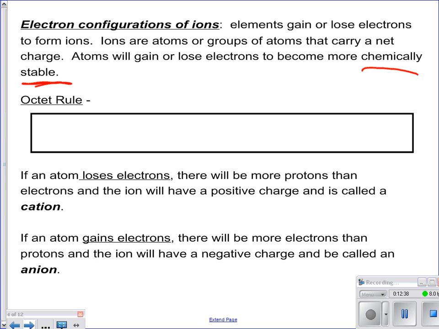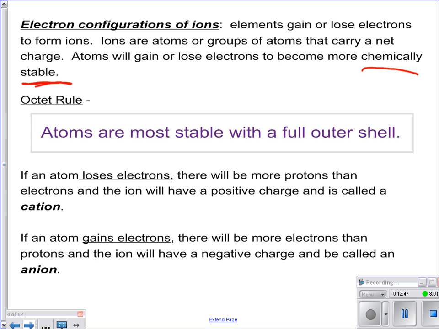In other words, they want to get a full outer shell because atoms are most stable with a full outer shell. So that's our octet rule. There's a place for you guys to write that down. So atoms are most stable with a full outer shell.